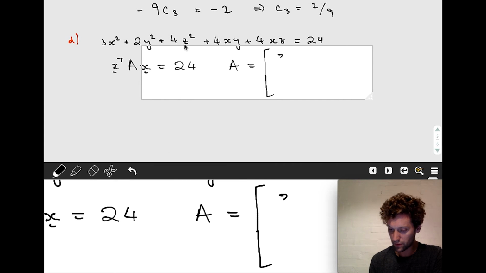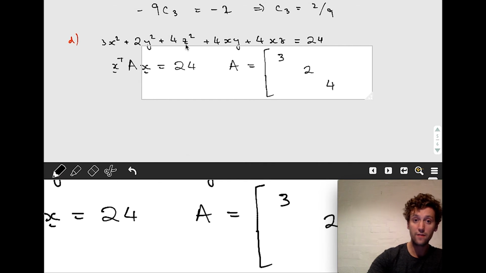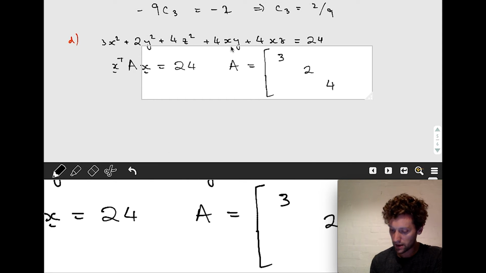So that's 3, 2, 4, x squared, y squared, z squared. And then the off-diagonal terms are taken care of by the remaining mixed terms. So I've got 4xy, I split that in two, so I get 2xy and 2xy. And those go into the xy and the yx components of my matrix.